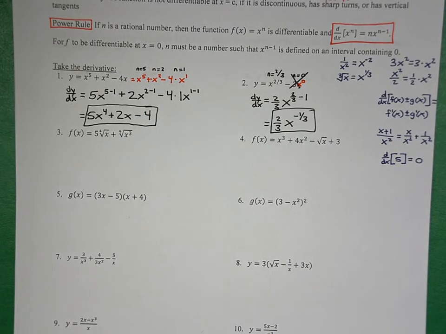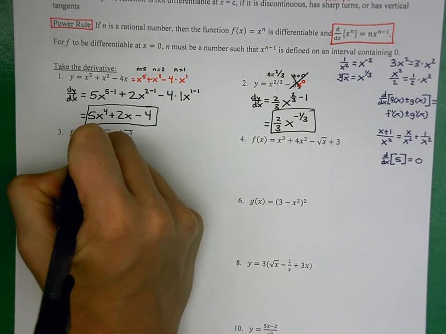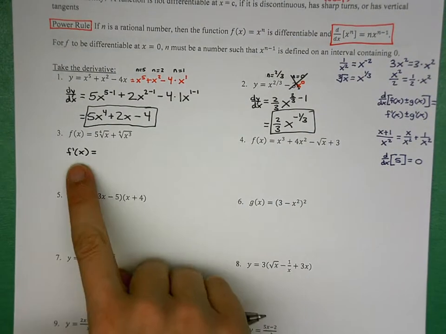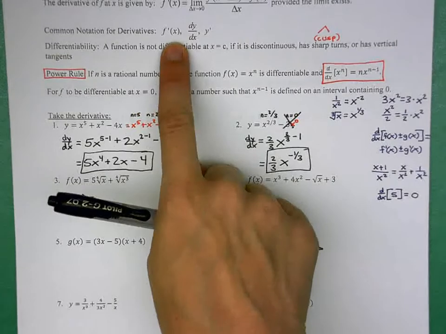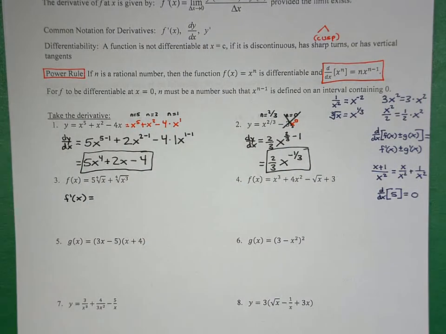Okay? Okay, so walking through number 3 here, we have derivative of f, so f prime of x. By the way, I always get some students who ask, does it matter whether we use f prime or dy dx? Technically, no. These 2 different notations come from our 2 different fathers of calculus, Leibniz and Newton. And so they are used interchangeably.